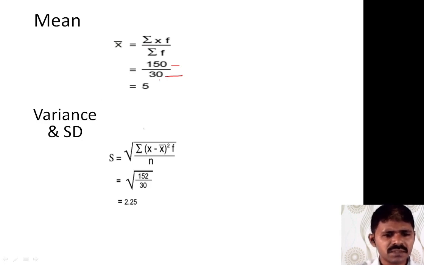Now we have to find the variance. We take x minus mean, that is the observed value minus the mean, and square the value.